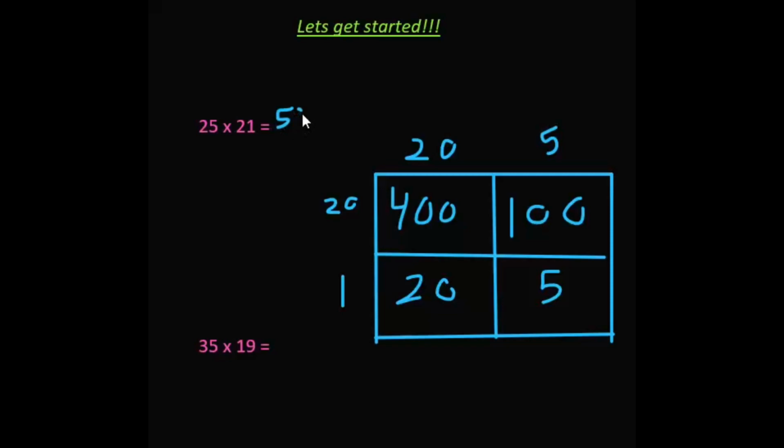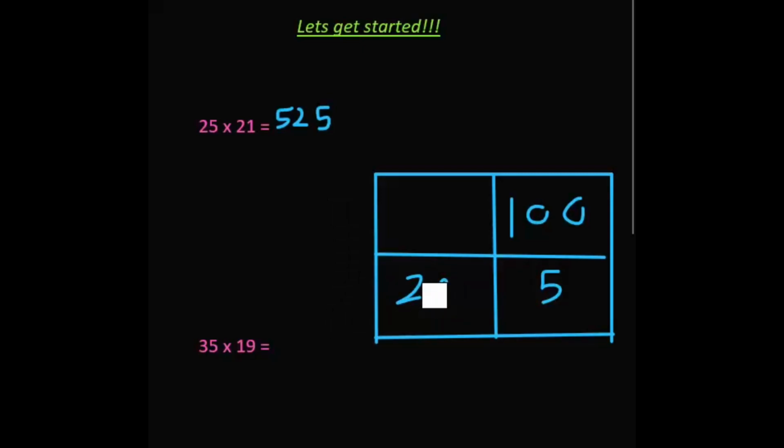So we have an answer of 525. Perfect. See how easy that is? It makes more sense, basically. So let me erase these numbers and we can move on to the next problem.